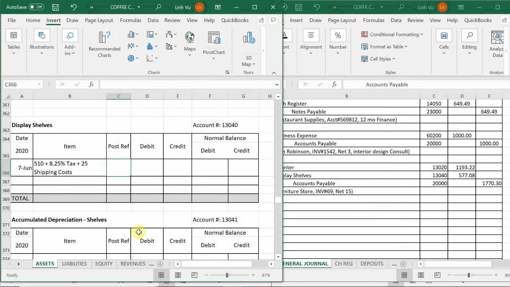Once again, this transaction is on General Journal number 2, and the amount I'm going to debit is $577.08, which, once again, my debit balance is going to be the same.